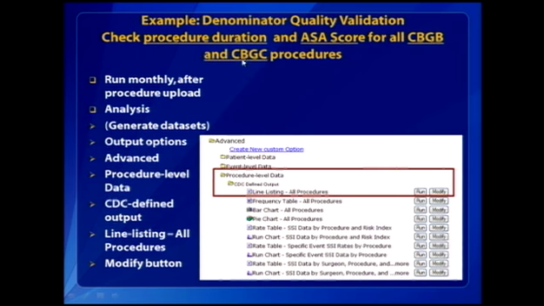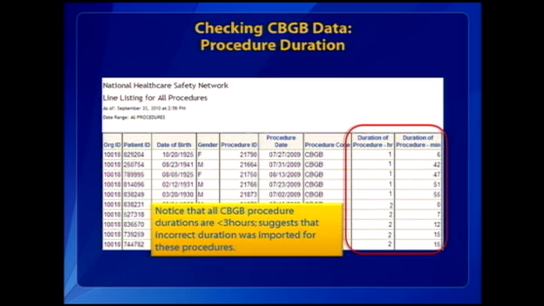Here's one that looks at procedure duration and ASA score for CABG surgeries, CBGBs and CBGCs. And here's a little recipe for how to get there in NHSN data analysis. You can do it according to the canned program, or you can tweak it and try to look at which surgeons are involved or other factors you might wish to look at.